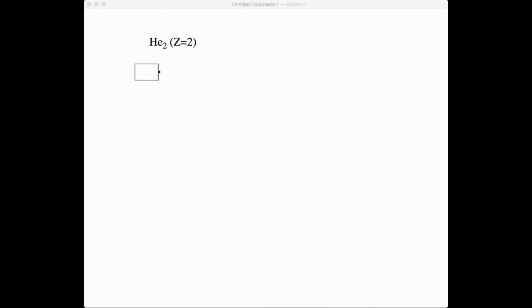So can you guys type on the chat what is the electronic configuration of helium? That's pretty simple, right? It's 1s2. So what I'm going to do once again, to remind you guys how we work on this, here is my energy diagram.